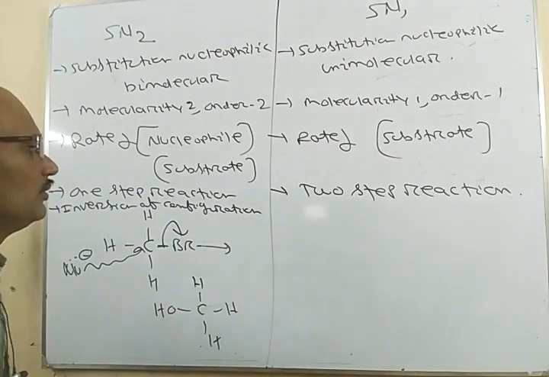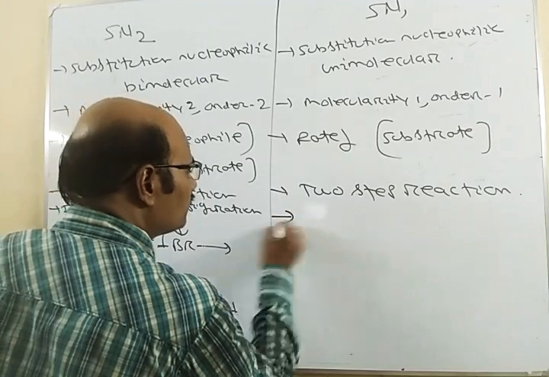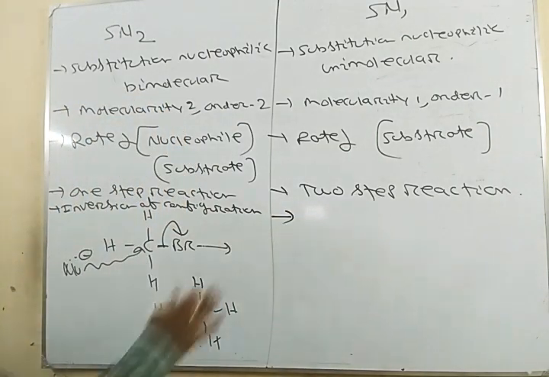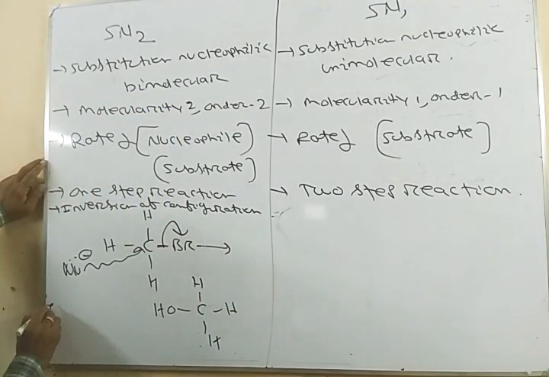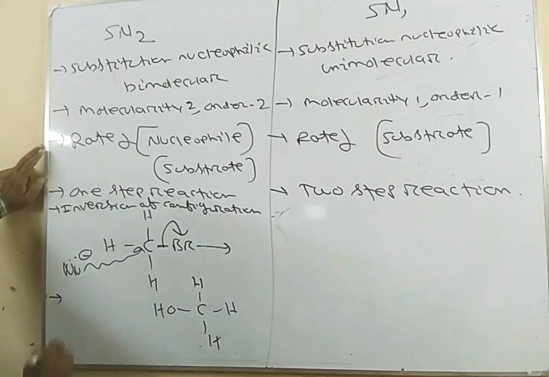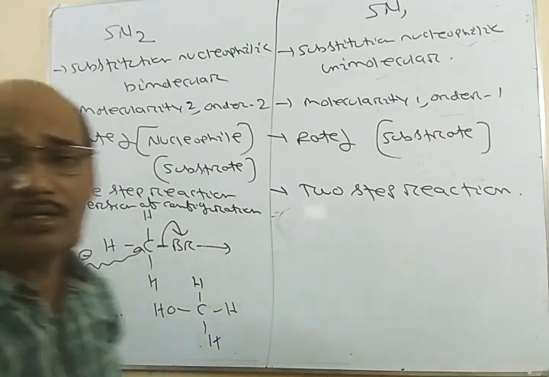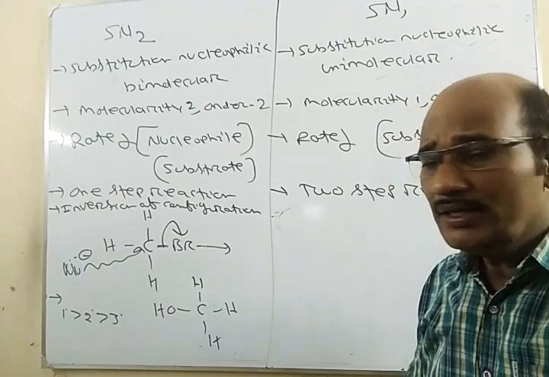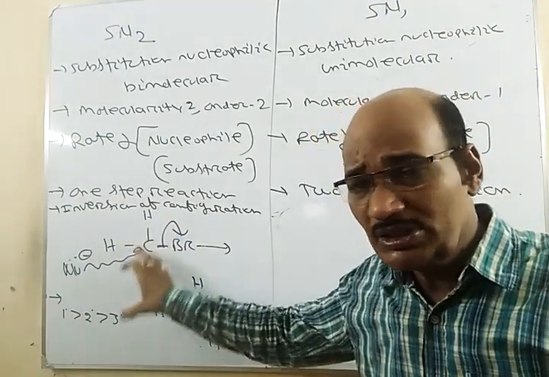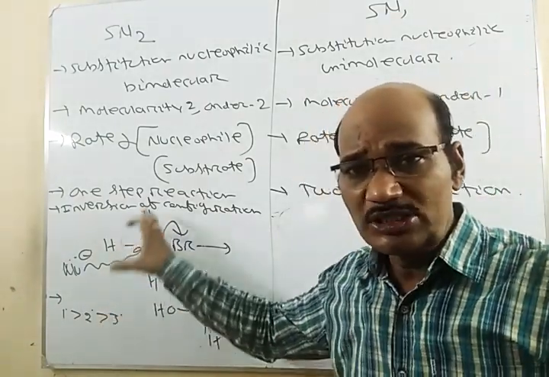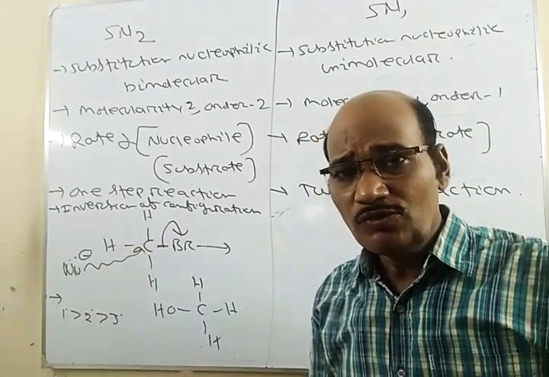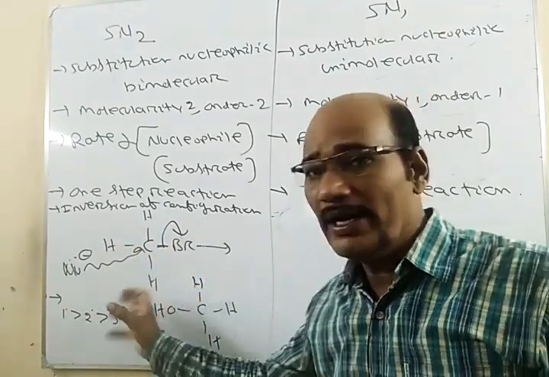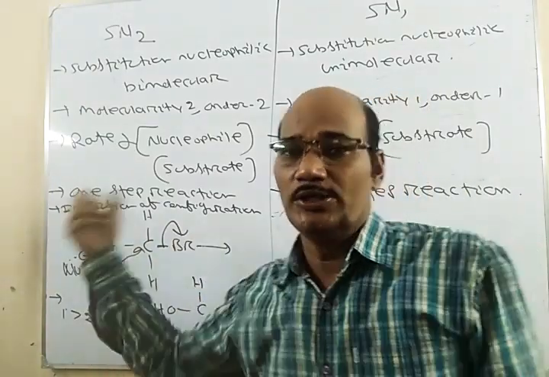Okay, and the order of reactivity in the reaction is primary, which is most reactive, then secondary, then tertiary. Because here the nucleophile attacks from the back side, if alkyl groups are already present on this carbon atom, the bulkier alkyl groups will not allow the nucleophile to attack the carbon easily.